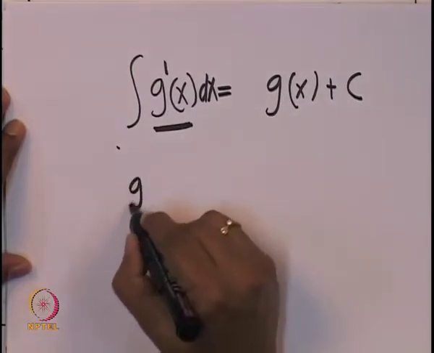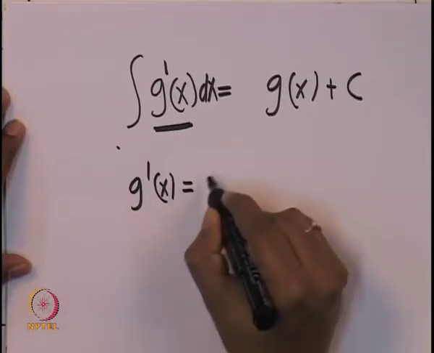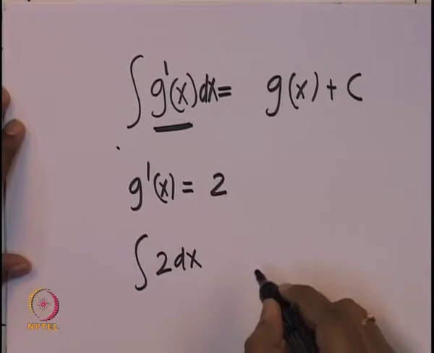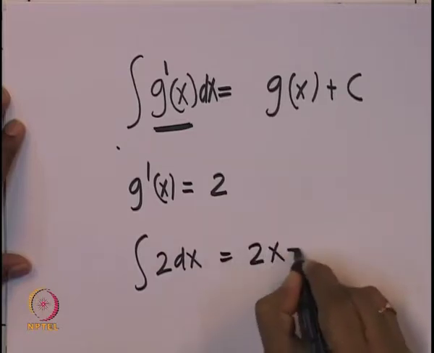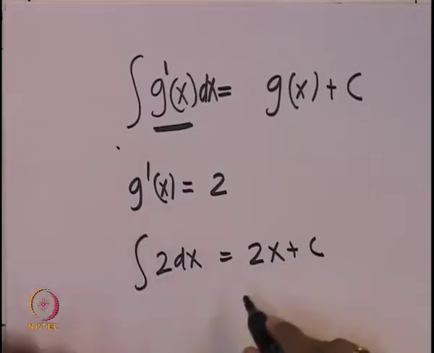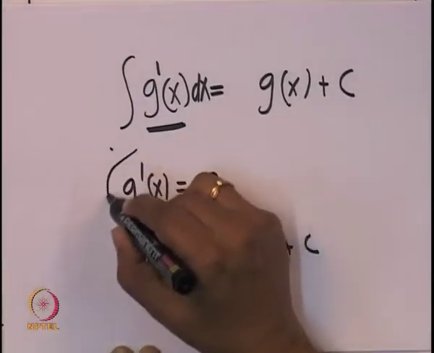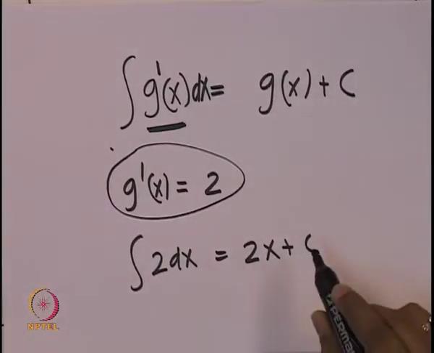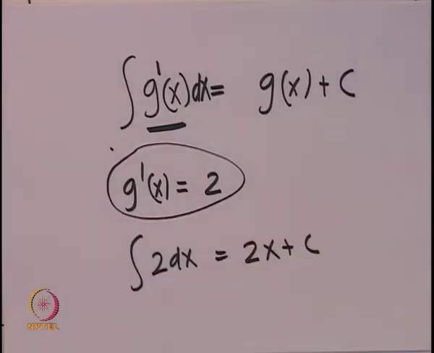For example, if g prime of x is 2, the integral of 2 dx is 2x plus c, which is a line with slope 2. So this kind of integral tells you to find a curve that has a slope g prime of x.